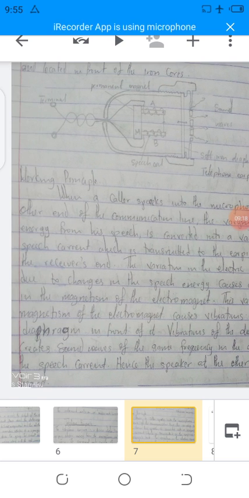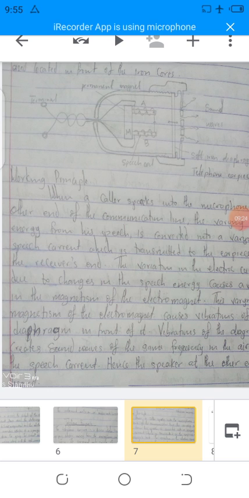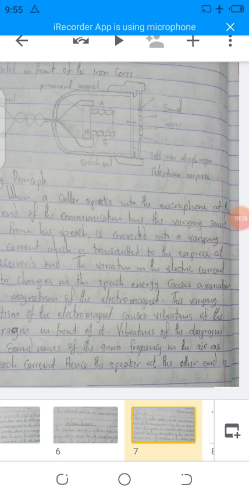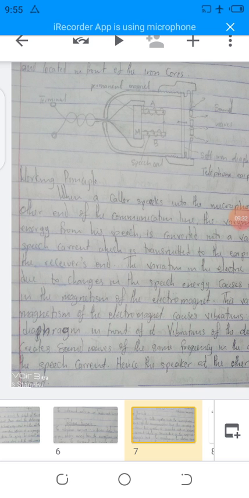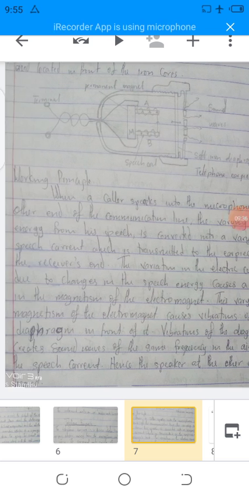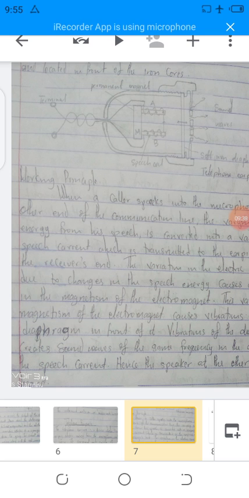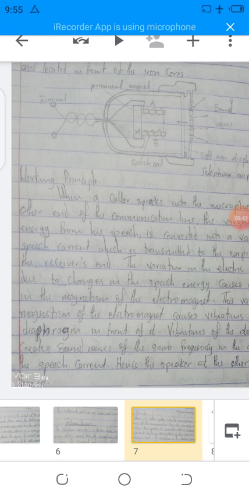This varying magnetism of the electromagnet causes vibrations of the diaphragm in front of it. Vibration of the diaphragm creates sound waves of the same frequency in the air as the speech current. Hence, the speaker at the other end is heard.